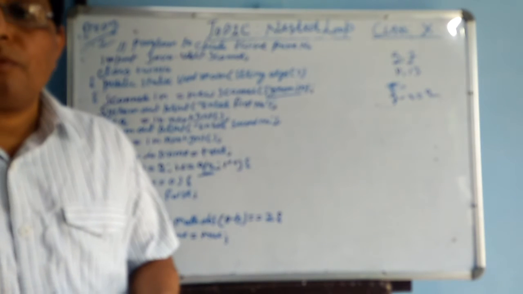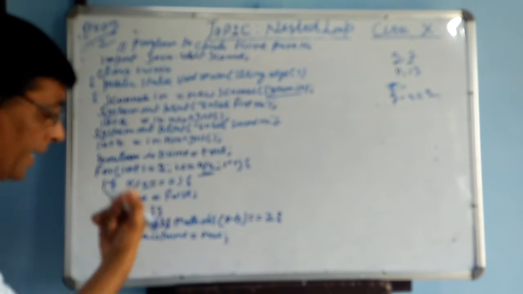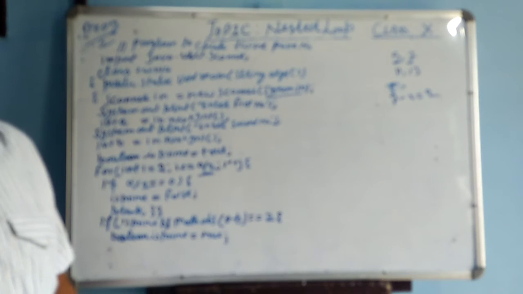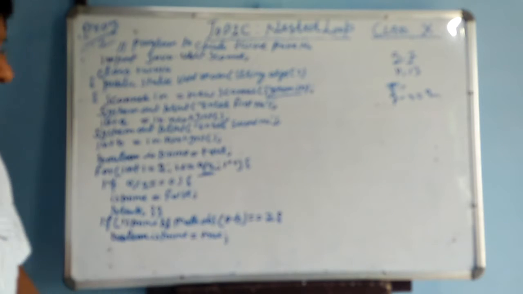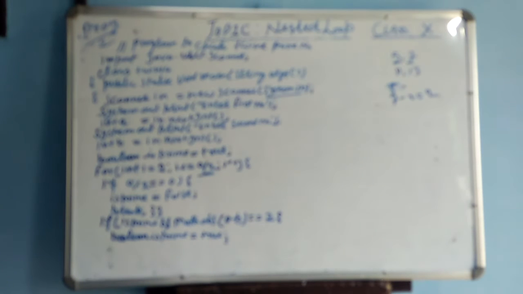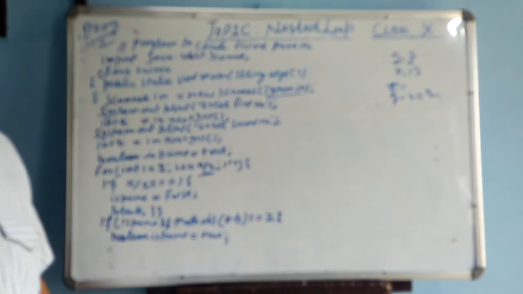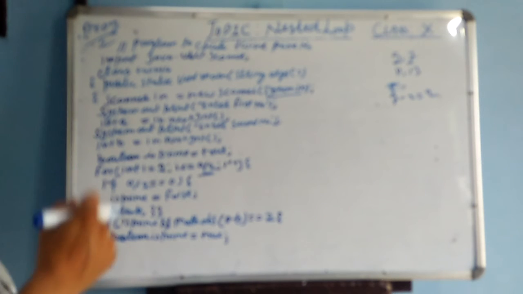Now what we have to do? We have to use another loop for the second digits, because the program is saying 2 is prime number.